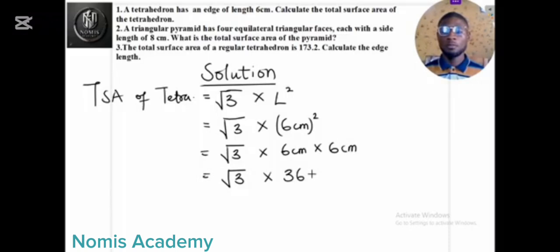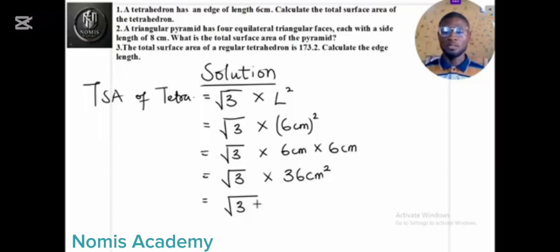So this will be root 3 multiplied by 6 times 6 will be 36. Centimeter multiplied by centimeter would be centimeter squared. So that is root 3 36 centimeter squared, or we can say 36 root 3 centimeter squared. Now, in case you are solving this question as theory and you want to leave your answer in short form, it is important that you write it properly.